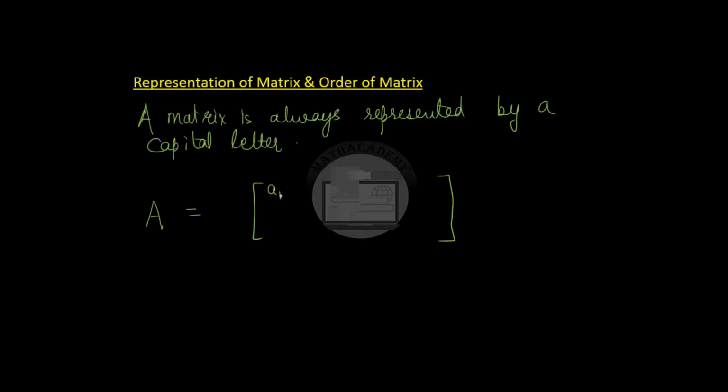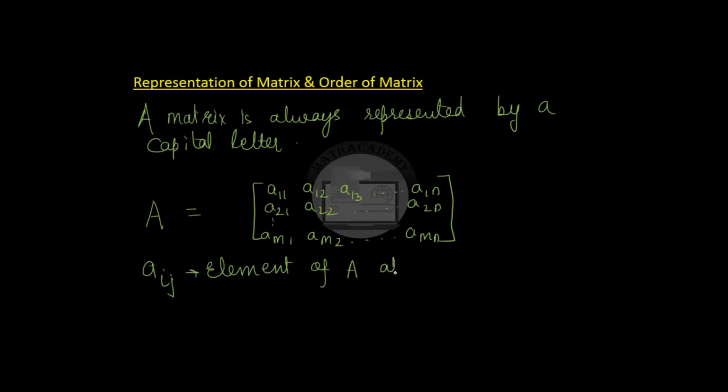So I write A11, A12, A13 and so on, A1n, A21, A22 and so on, A2n, AM1, AM2 and so on, AMN. These are nothing but the elements of the matrix. So Aij is the element of the matrix A at the position ith row and jth column.